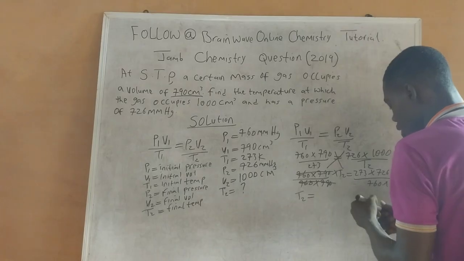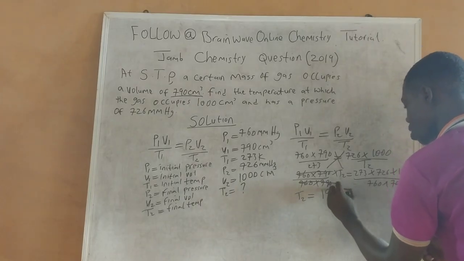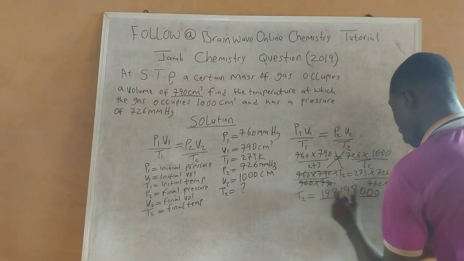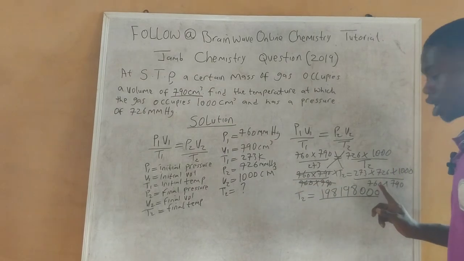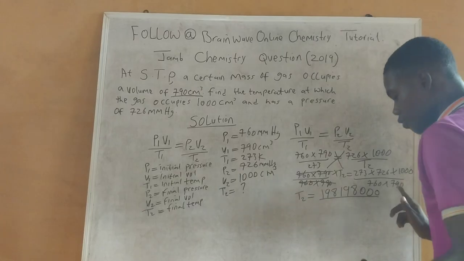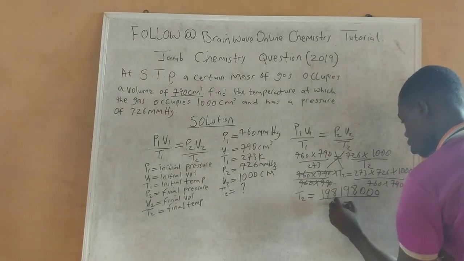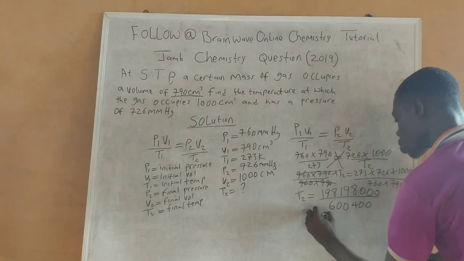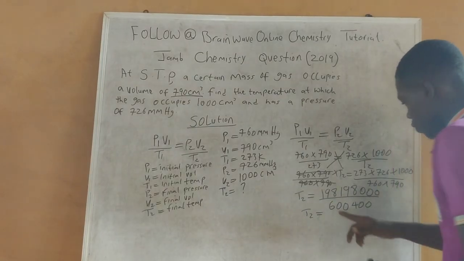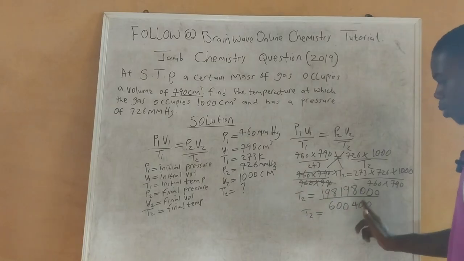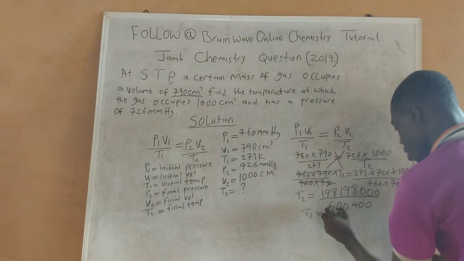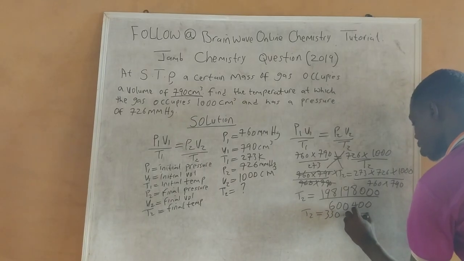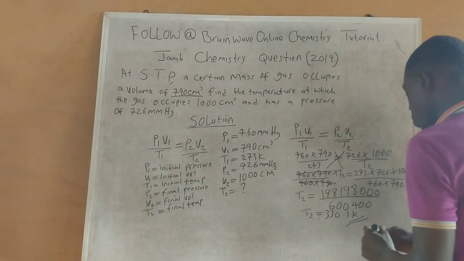If you multiply everything together, you are going to get 198,198,000 over 600,400. So therefore, our T2 is equal to what? If you divide this value up by this value down, you're going to get 330.1 Kelvin. So this happens to be our T2.